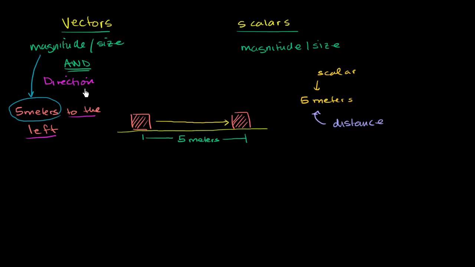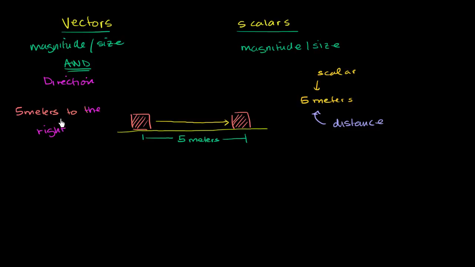Oh, sorry, it should be 5 meters to the right. Let me change that. So the direction is to the right. It started here. It went 5 meters to the right.